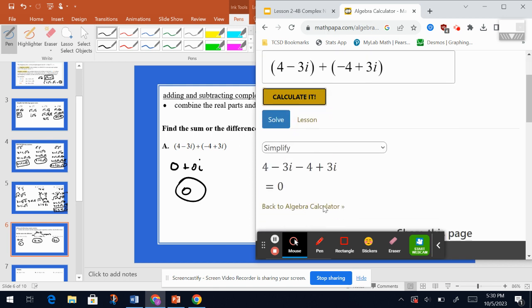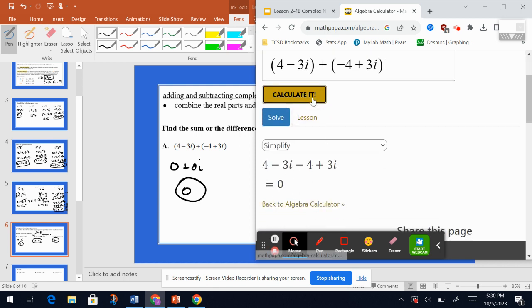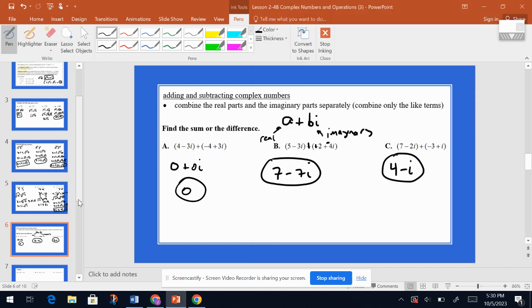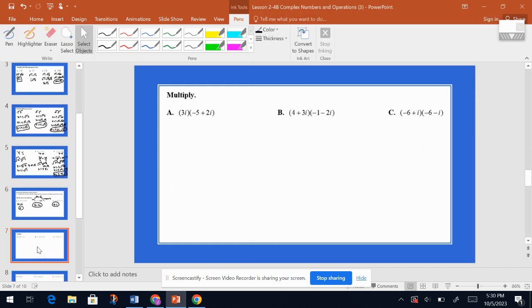So in all of these, we're going to use this Math Papa calculator. If you have a TI-83 or 84, I can show you how to use that when I get back next week. But for now, I'm going to ask you to use this specific calculator because it helps us add, subtract, multiply, and divide all of these complex numbers.